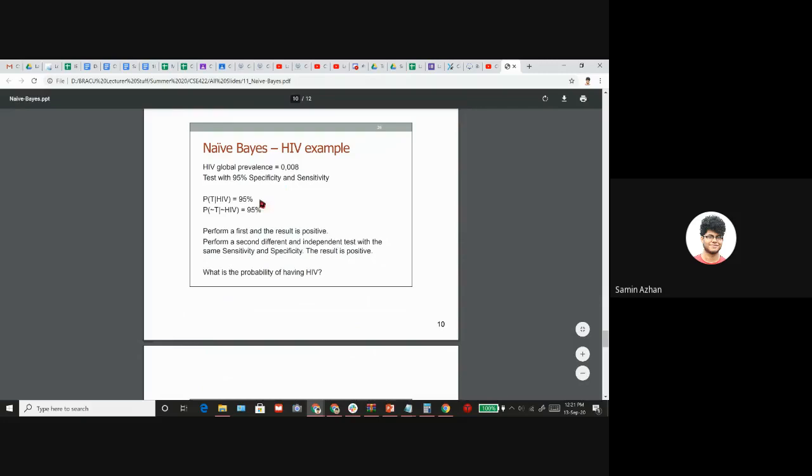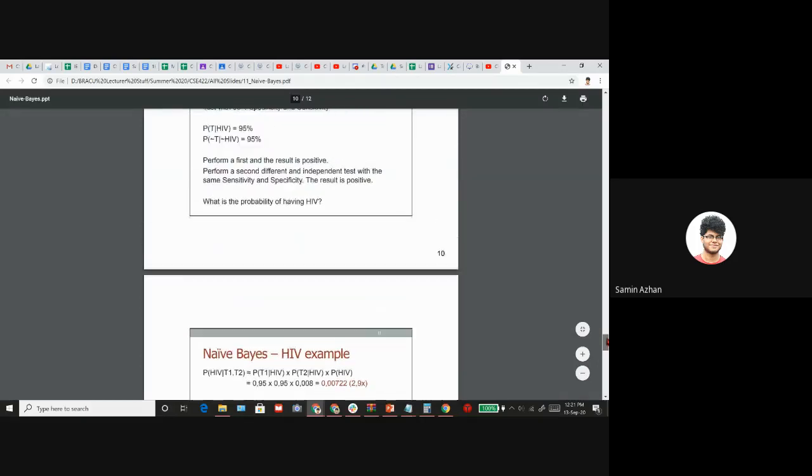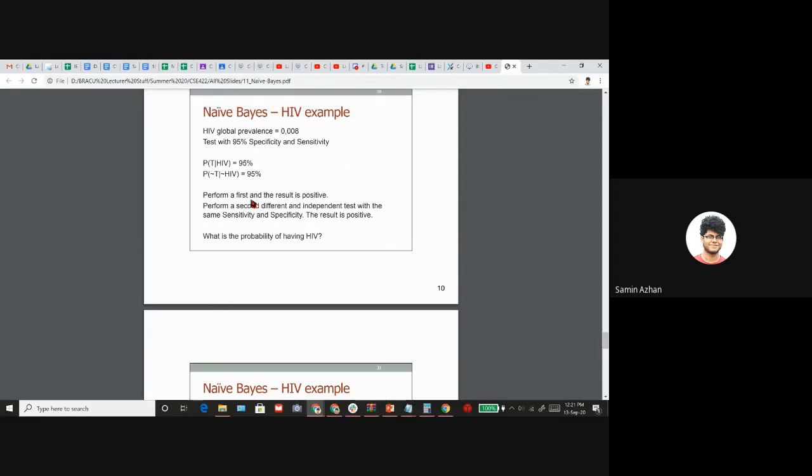This is basically the same HIV problem. However, in this case, we'll try to use the naive Bayes, and the scenario says that we're taking multiple tests. In the first test, we got a positive, and we took another test and got a positive as well.